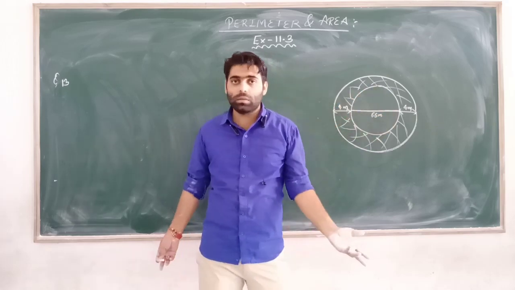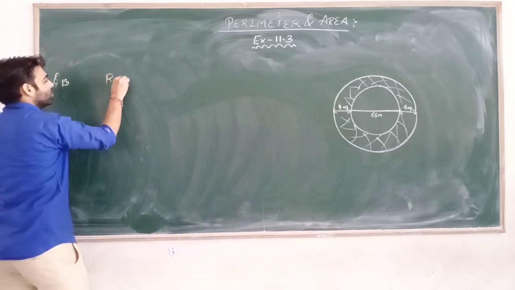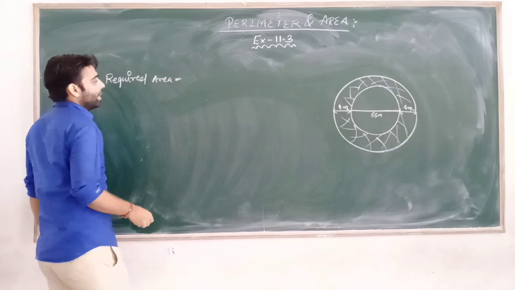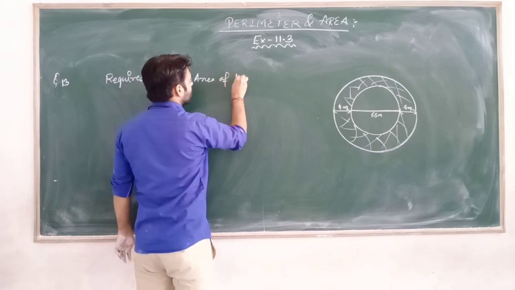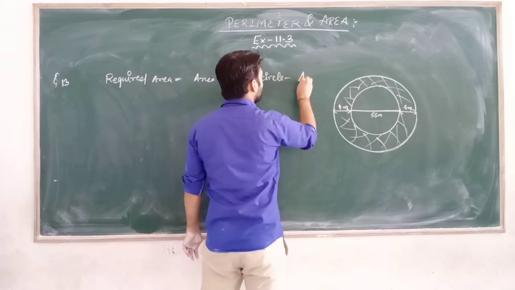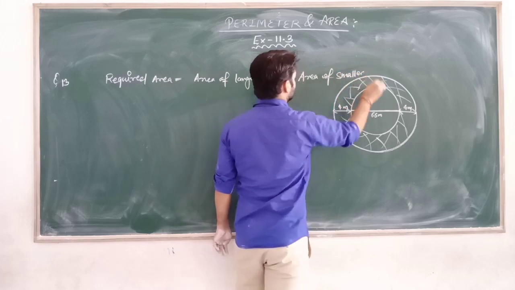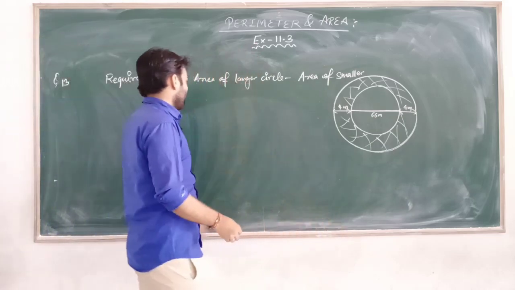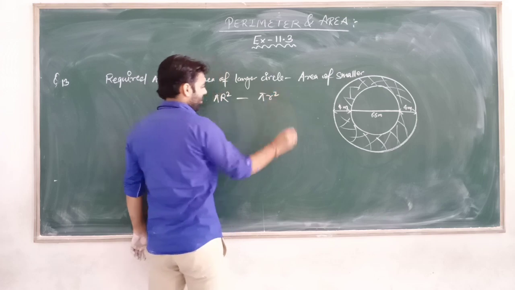The required area will be equal to area of larger circle minus area of smaller circle. For the larger circle the radius will be capital R, for the smaller circle the radius will be small r.